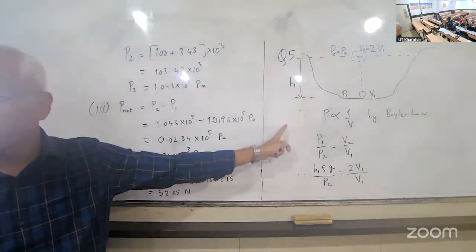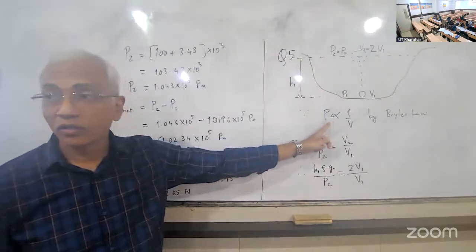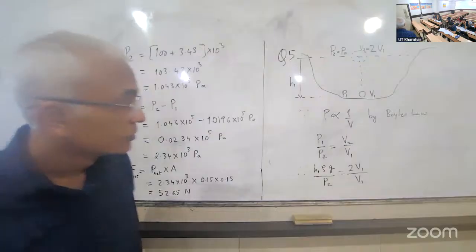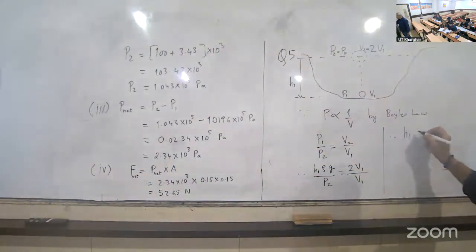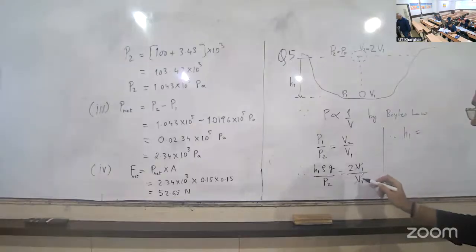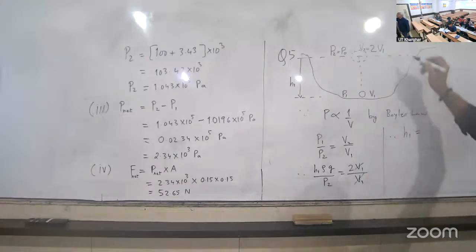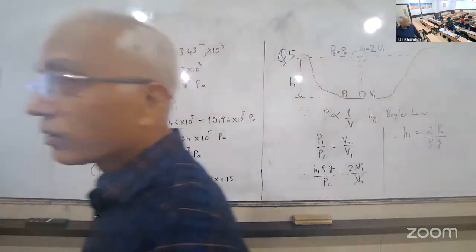Now, these are application-based questions, so here you have to apply the knowledge of Boyle's law. So V1 gets cancelled, and H1 is equal to 2 P2 divided by the pressure term. This will be the depth of the lake.